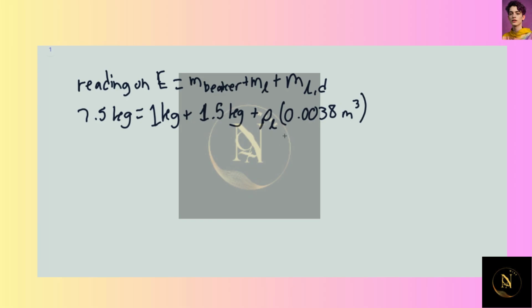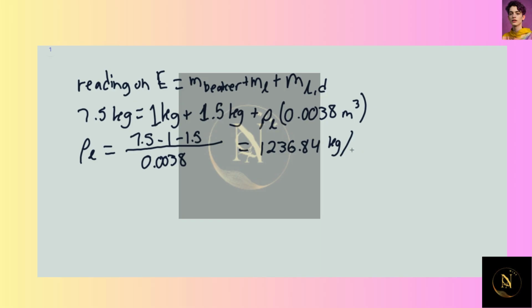At this point, we can say that the density of this liquid is simply going to be 7.5 minus 1 minus 1.5, all divided by 0.0038. The density of this liquid is found to be 1,236.84 kilograms per cubic meter. This would be the answer for part A.